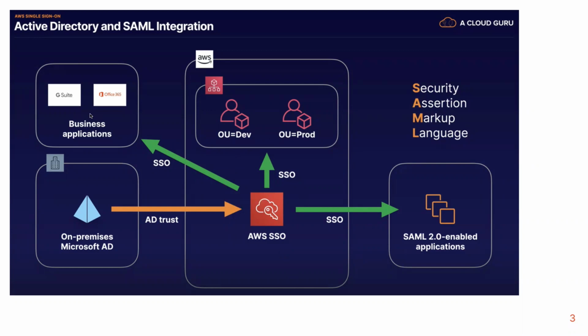The apps which are not directly integrated here can use SAML, which is just like HTML. This is the Security Assertion Markup Language, which would have the information on whether this particular user can access GitHub or a Microsoft Office product of that organization or not.